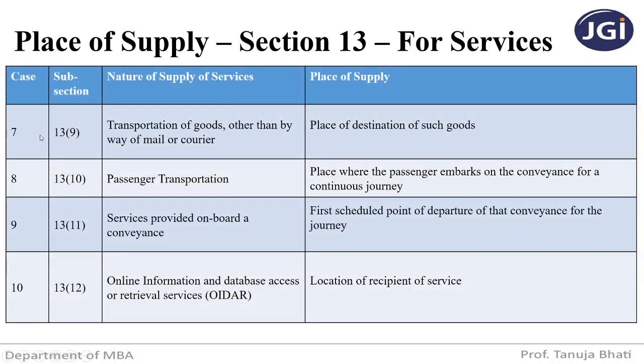Next, case number 7. If there are any services relating to transportation of goods other than by way of mail or courier, then the place of supply will be the place of destination of such goods.